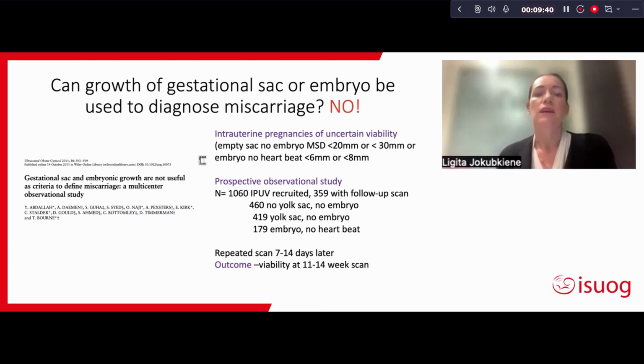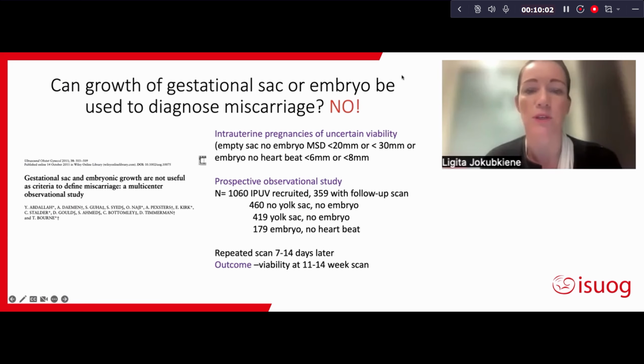Can we look at the growth of the gestational sac or growth of the embryo to diagnose a miscarriage? Of course, we do follow-ups on these pregnancies, and we measure the size and we assess whether there has been any growth or not. However, we cannot rely on the mean gestational sac diameter.